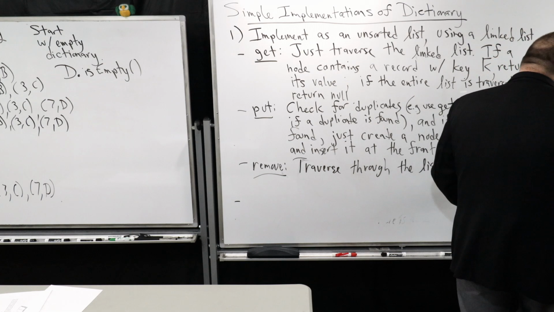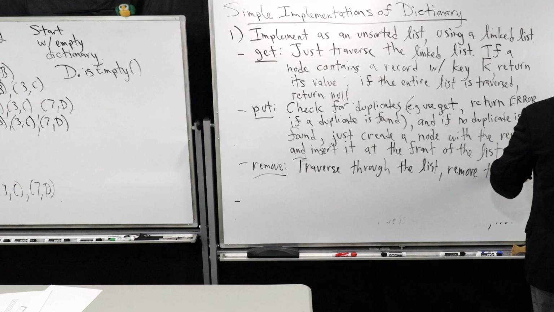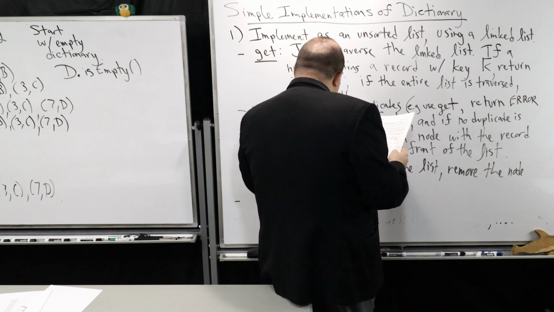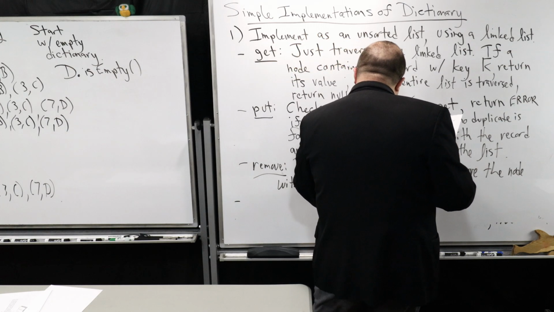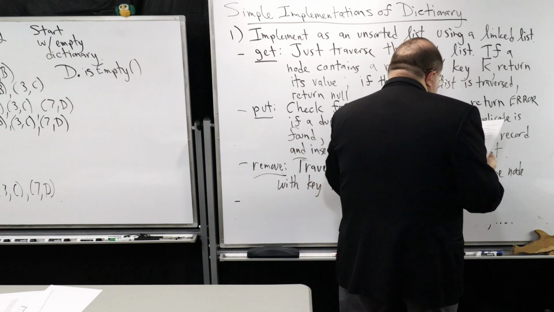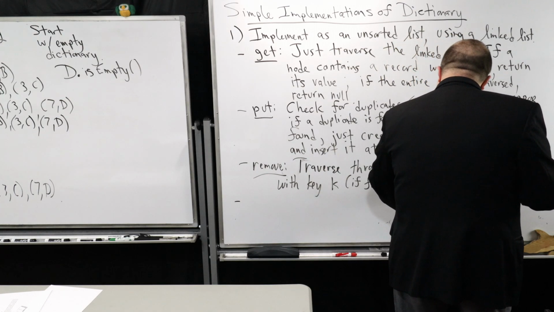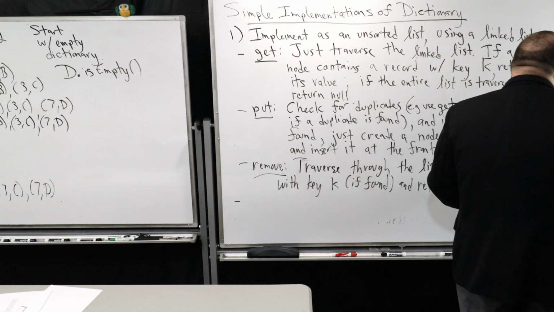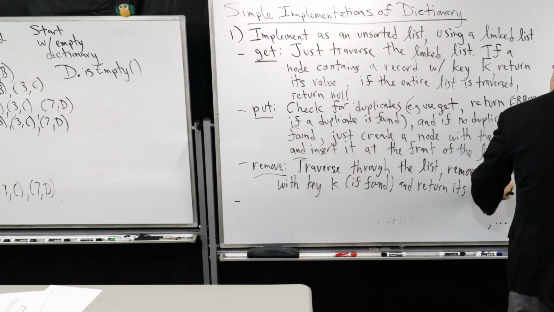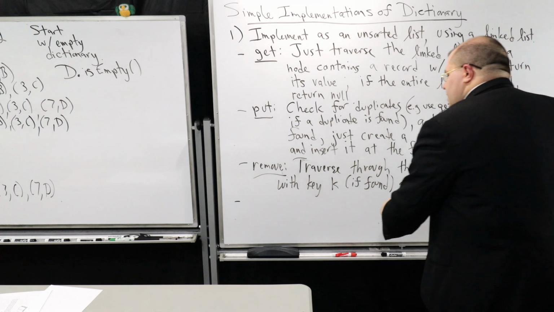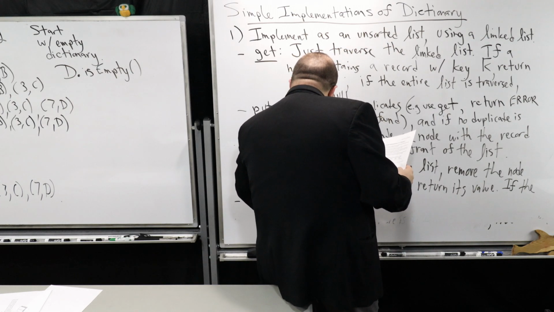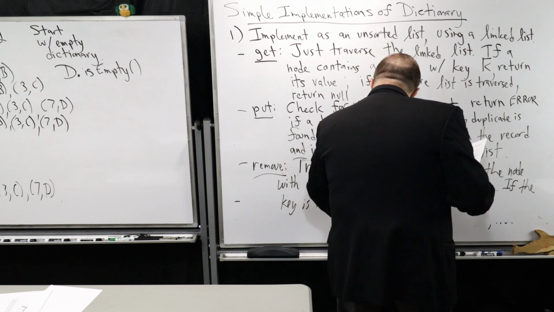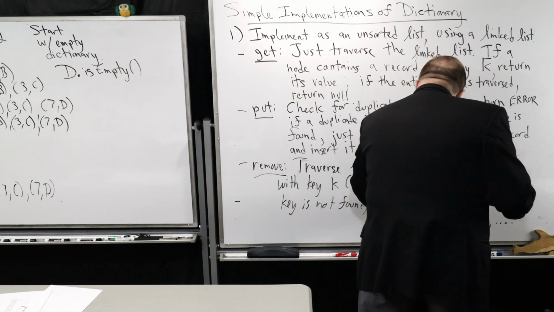Remove the node with key K if found, and return its value. If the key is not found, report error.